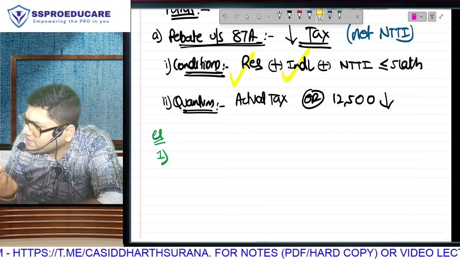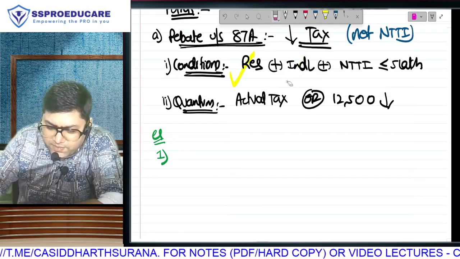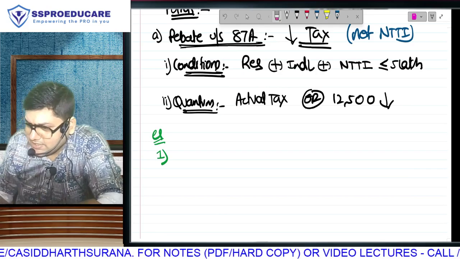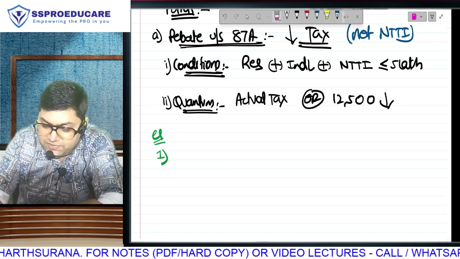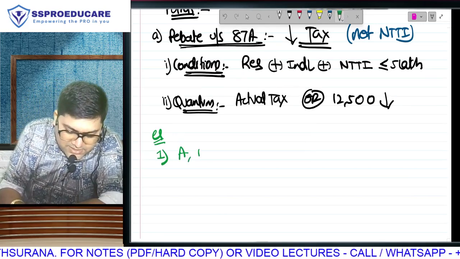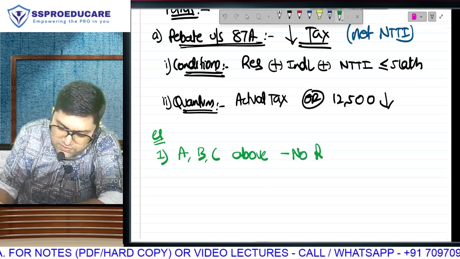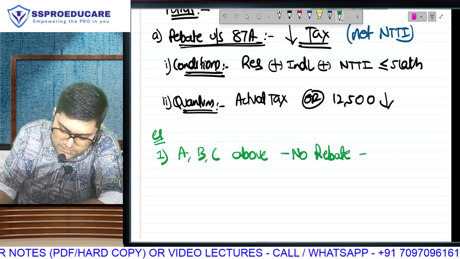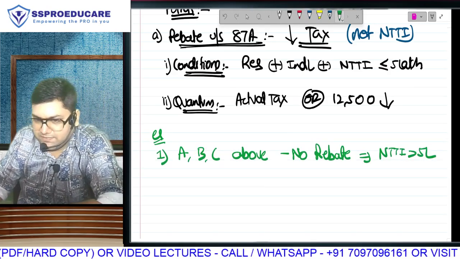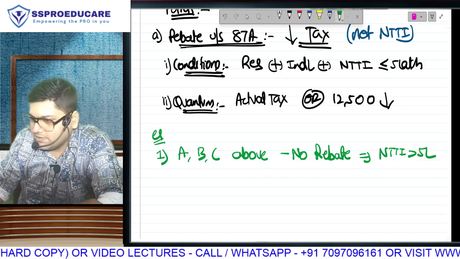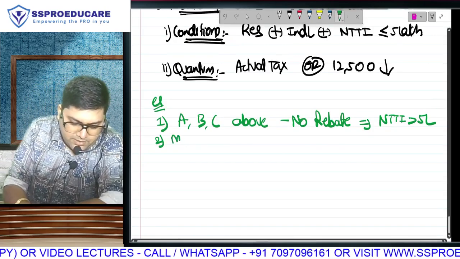So rebate? Yes or no? Why? Because we don't have to check the tax, we have to check what the income was, and if the income was 12 lakh, then all the three, A, B, C above, get no rebate. Sir, why no rebate? As their NTTI is greater than 5 lakh, it has to be less than or equal to 5 lakh.